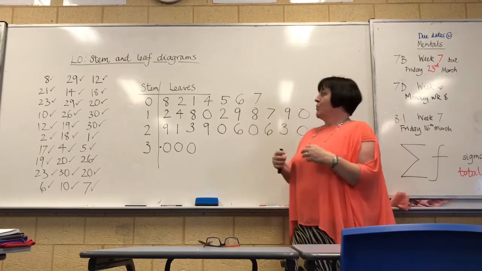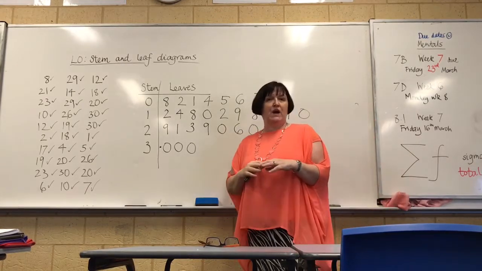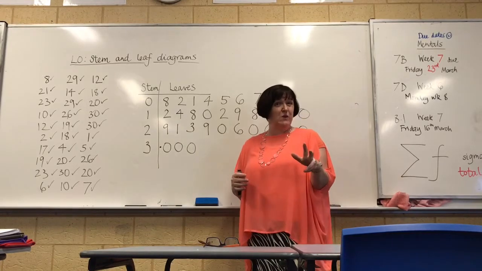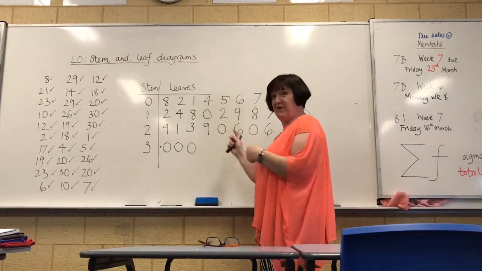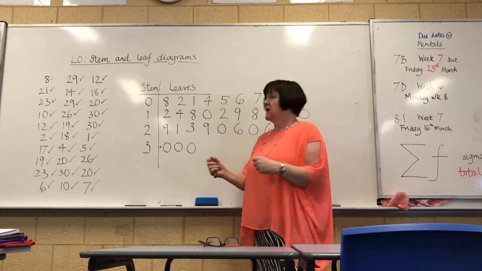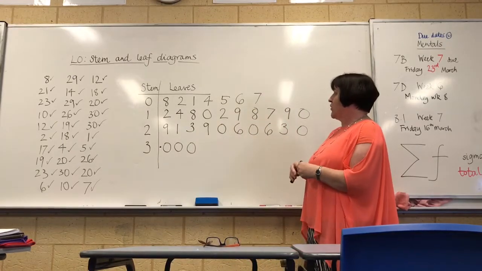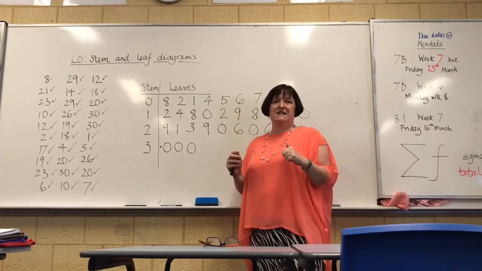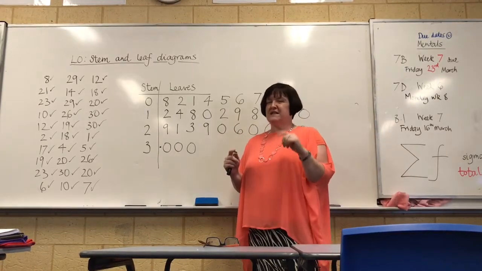So it's useful in some ways. We could probably, from this, work out the range. We can definitely work out the total frequency because we would look at the number of leaves, wouldn't we? And we could find the median. Not easy though.